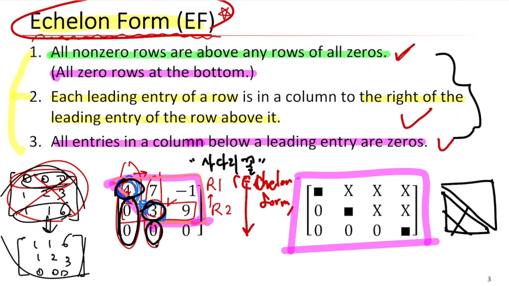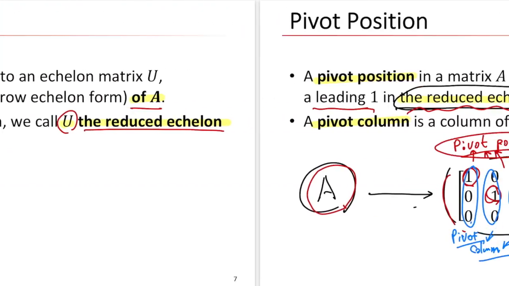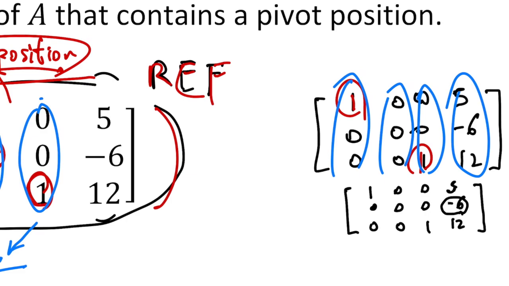because the definition of the echelon form, there is the condition 2 like this. So this condition makes the echelon form matrix look like this, right? But in this case, there is a leading entry here, right? So this matrix is no longer an echelon form, right?